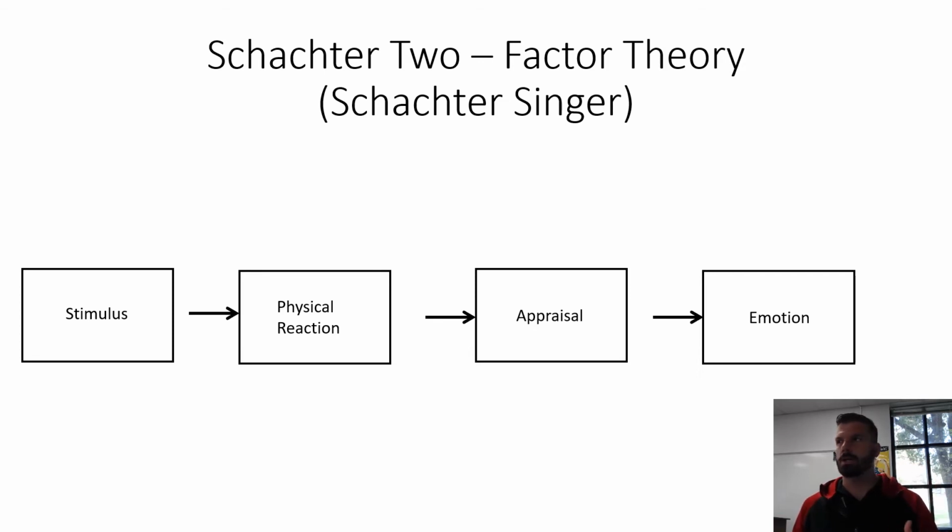Why are they so attractive? Well, there are aspects of them that I find really attractive, or what have you. So it is this recognition of the situation, this understanding of the situation. And once we have that appraisal, then we have the specific emotion. That's the Schachter two-factor, Schachter-Singer theory.